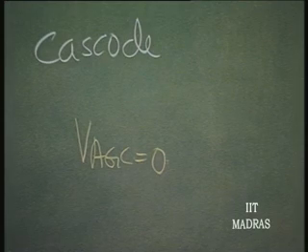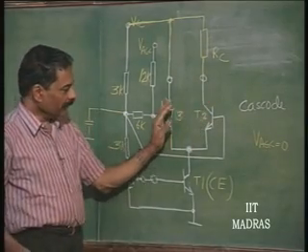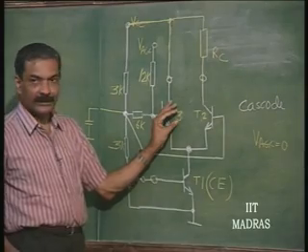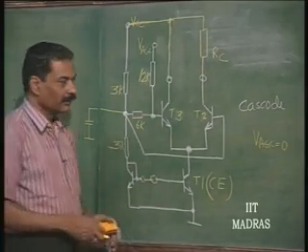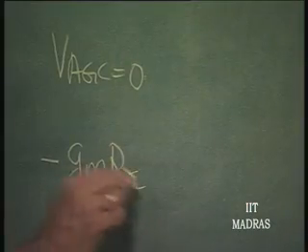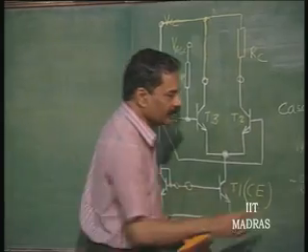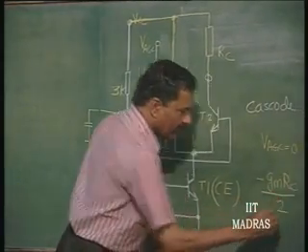Current is going to be halved, that means the gain is halved. Without this transistor, the gain would have been gm into RC. So, minus gm into RC is the gain without the transistor, right. With VAGC equal to 0, the gain is going to be halved.